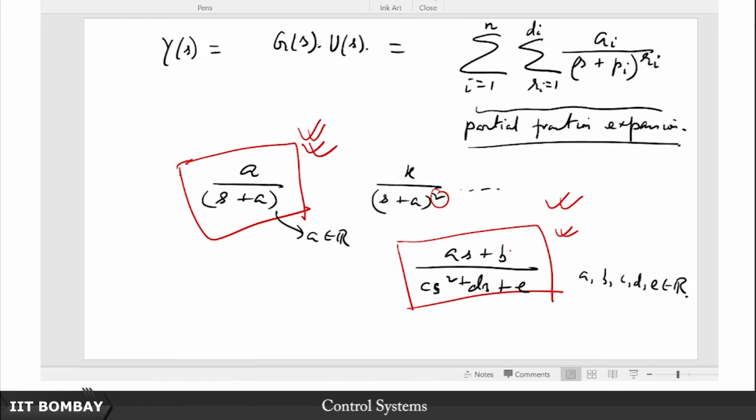Forget about the fact that we haven't defined overshoot yet, we will shortly do that, but how much of an overshoot it probably has, right. So these are some of the performance metrics of interest.